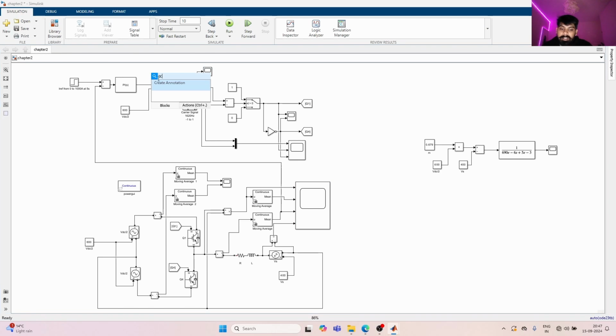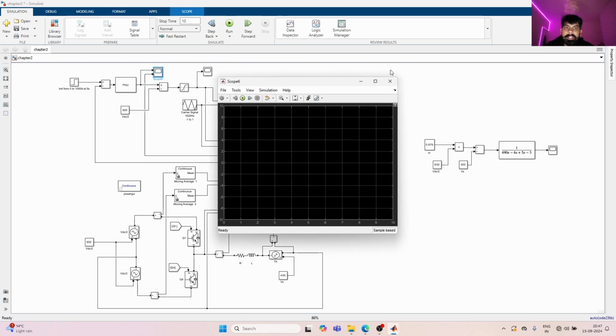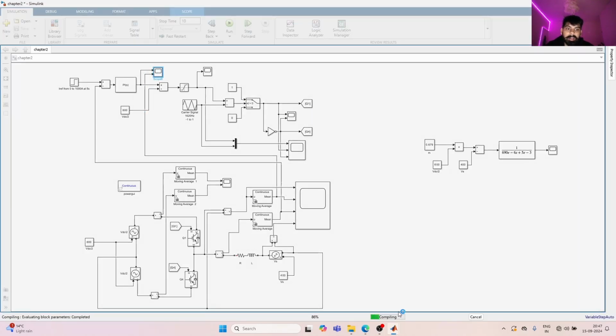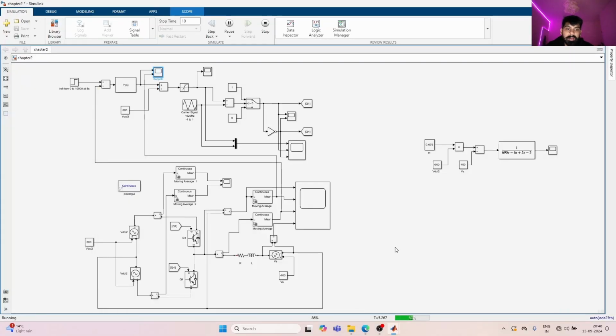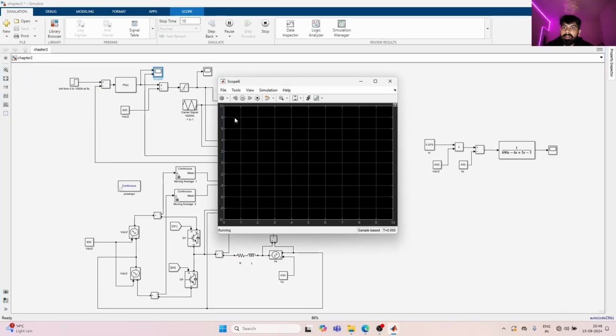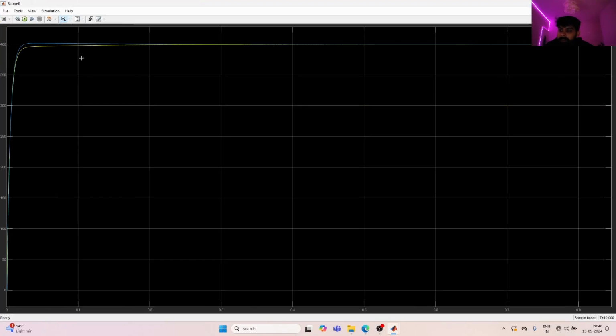So if we look at the scope, at the output of this compensator as well as our measured terminal voltage, what we see is that the yellow one is the output of the compensator, and the blue one is our measured terminal voltage.